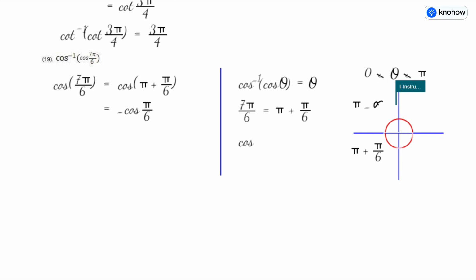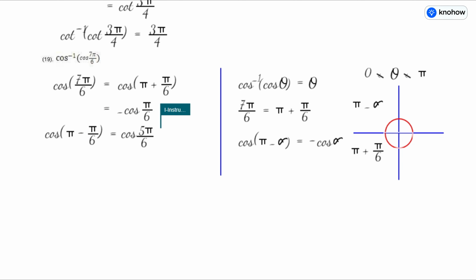And what is the formula for cos pi minus alpha? Cos pi minus alpha is minus cos alpha. Can we use the reverse also? That is minus cos alpha is cos pi minus alpha? Yes. So using that, this minus cos pi by 6 may be written as cos pi minus pi by 6, that is cos 5 pi by 6.